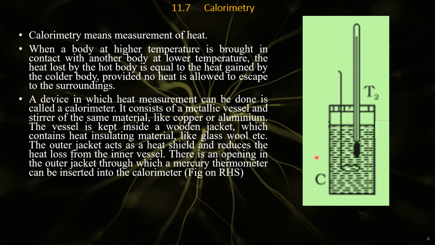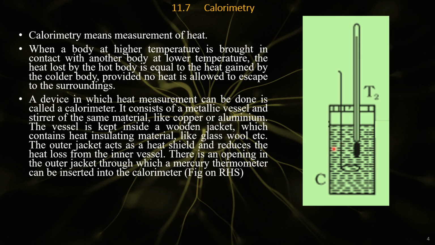The vessel is kept inside a wooden jacket which contains heat insulating material like glass wool, etc. So that means we have to prevent the escaping of heat to the surroundings, so that whatever happens, it happens inside the vessel only.